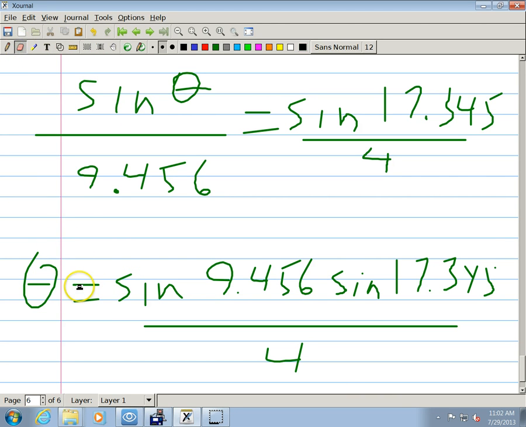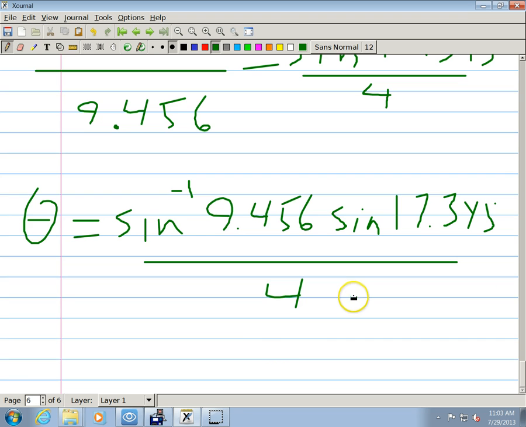So let's make some room here. Oh, it is the arc sine. Whoops, wait. I didn't write it. It's the arc sine of 9.4 whatever times this, right? So let's do that. Okay.